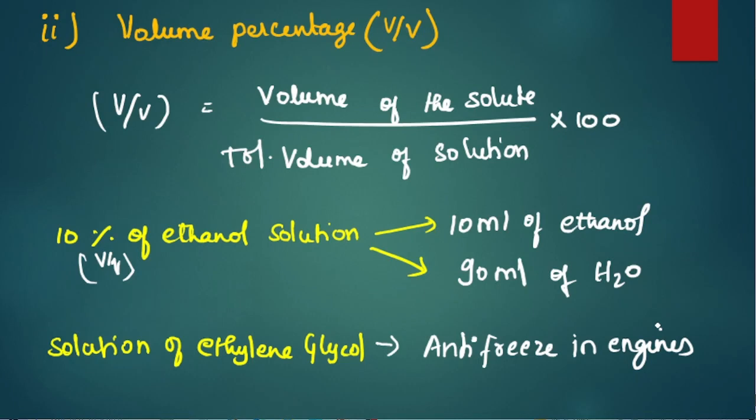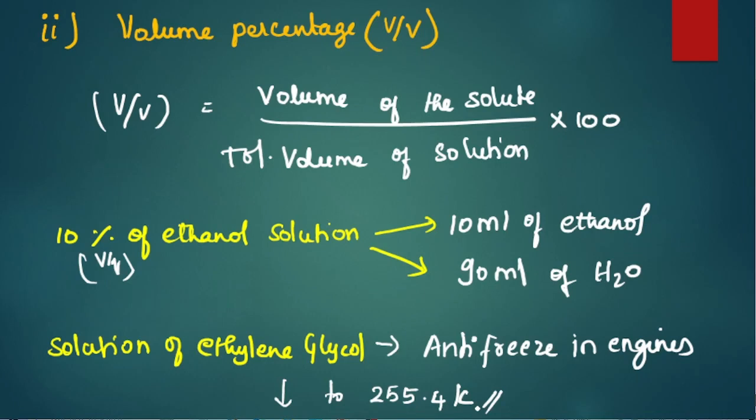It lowers the freezing point of the water to 255.4 Kelvin. These values are not necessary for board, but if you are going to write NEET, then these values are important. Just remember where the solution of ethylene glycol is used.